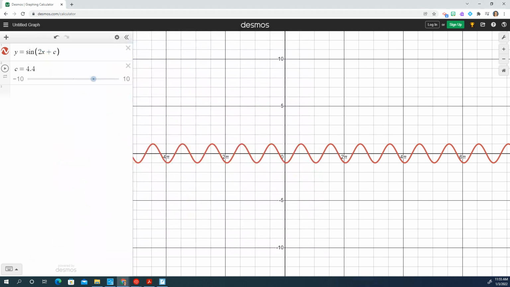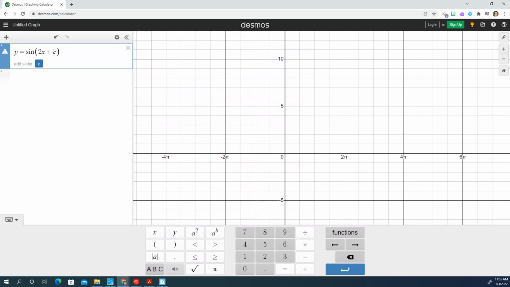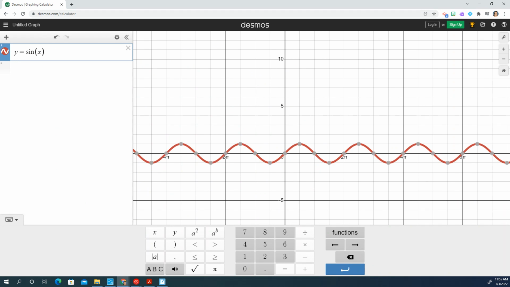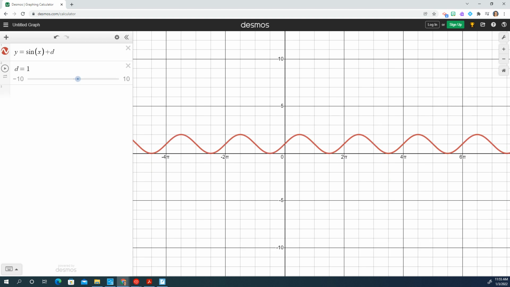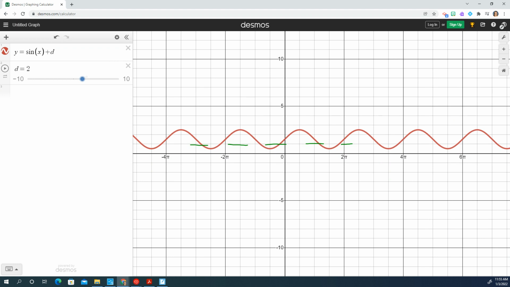Let's take a look. Let's get rid of this. Sorry, I'll flip back if you didn't get that all written down. Let's go plus some D value. It's going to start off with 1. If I shift it up 1, now my midline's here. Did it change the amplitude? No. That distance is still 1. It just shifts it up or down.